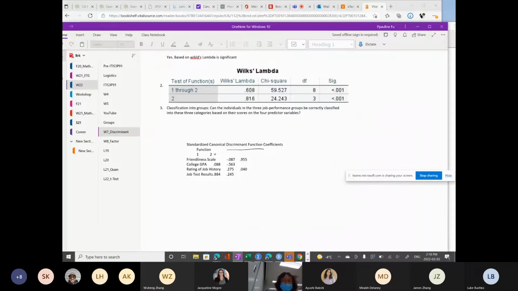I will call it DF, representing discriminant function. I have 2, function 1 and function 2. For function 1, you have friendliness, negative 0.087 times friendliness scale, and 0.088 times college GPA, and then 0.275 times job rating.